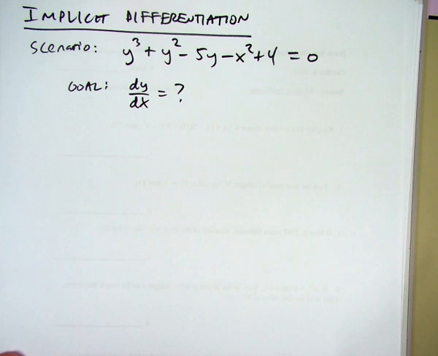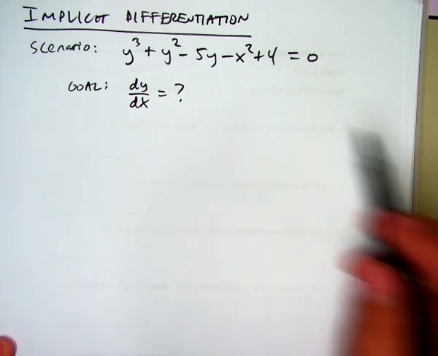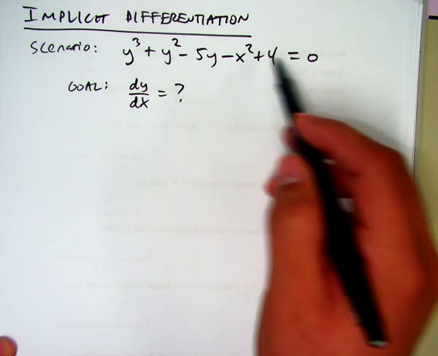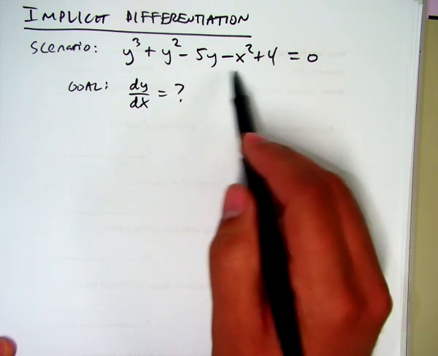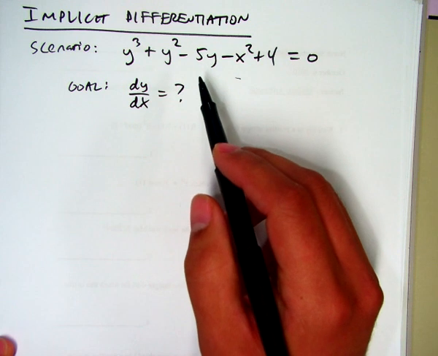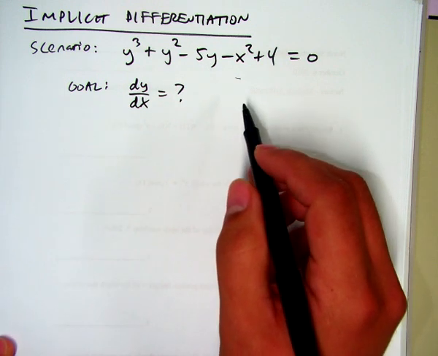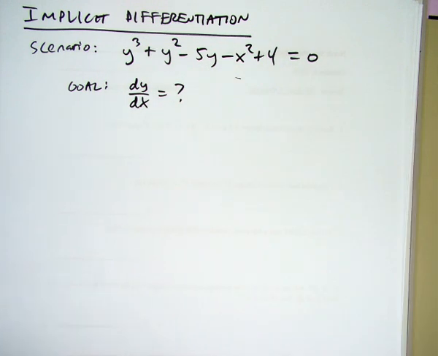Okay, so in the past, you would do implicit differentiation, and you'd do everything, maybe some product rules, and so on and so forth, depending on how involved the equation is. Let's revisit it with multivariable calc.